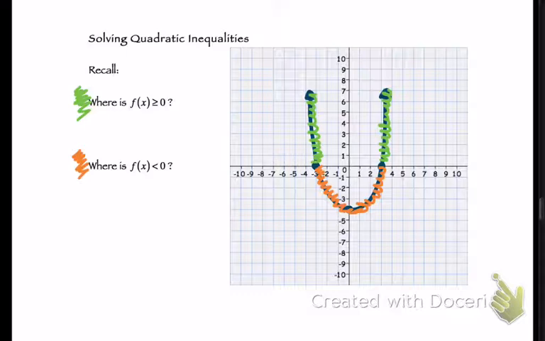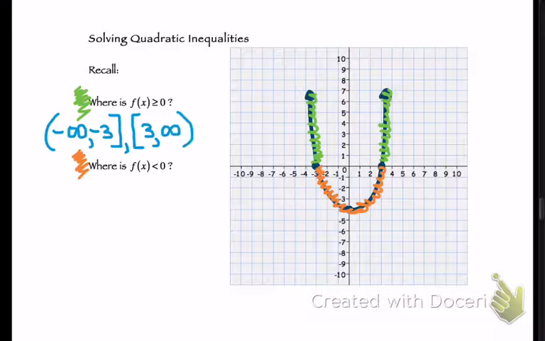So think, how would I write those answers? You should be saying to yourself, interval notation. We also want to use the x values when we're talking about them because we're already given the y values. That must mean we have to use the x values to answer the question. How do I write where f of x is greater than or equal to 0? How do I write that left-hand piece? How do I write that right-hand piece? Hopefully you're remembering there is my interval notation.